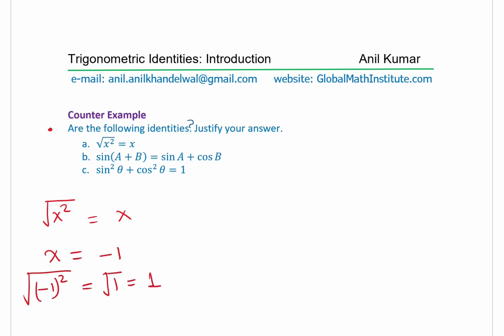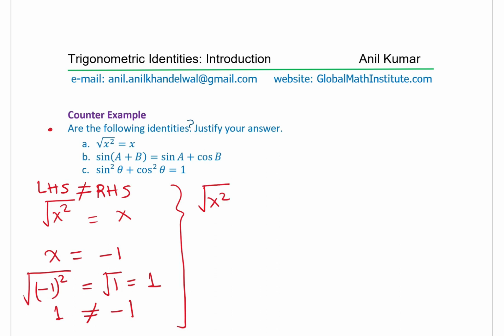So you can see that 1 is not equal to minus 1. So with one value, x equals negative 1, we have shown that the left hand side is not equal to right hand side. Is that clear? And therefore, from here we can say that square root of x squared equals x is not an identity.